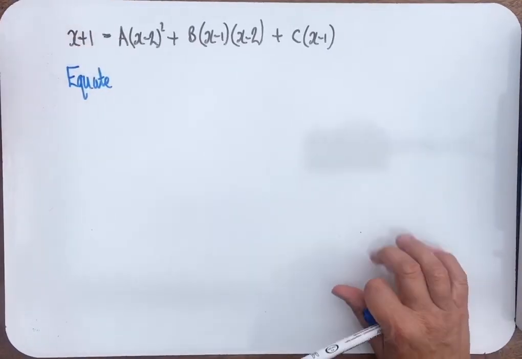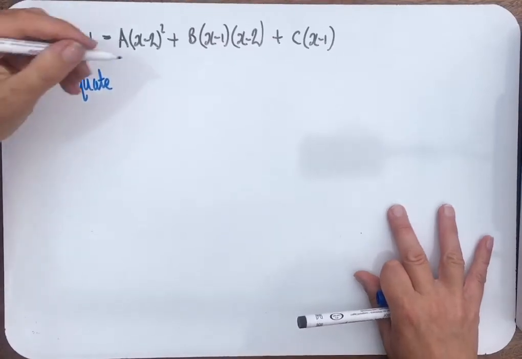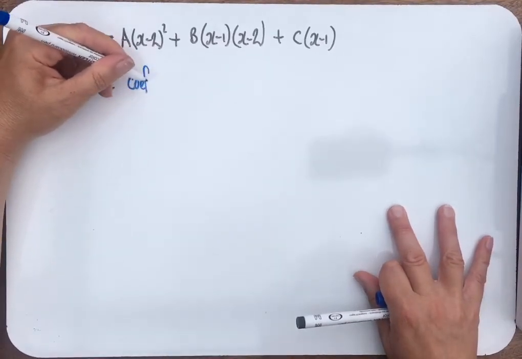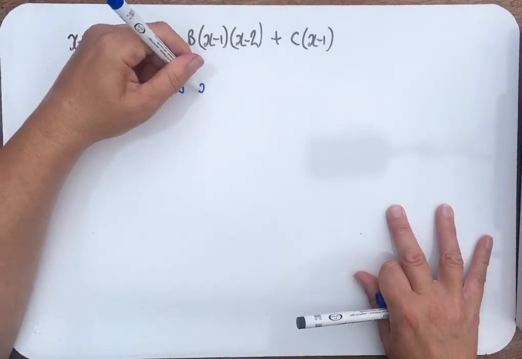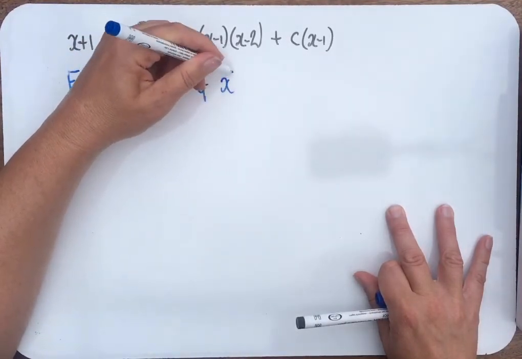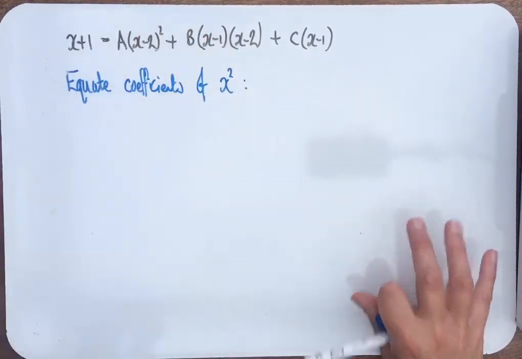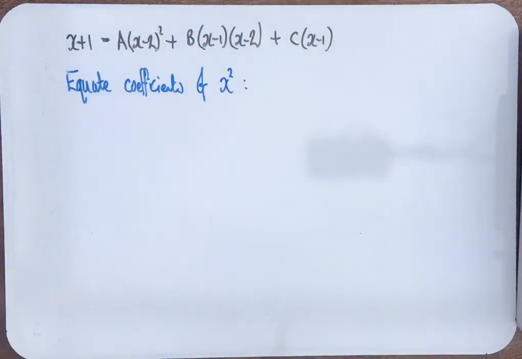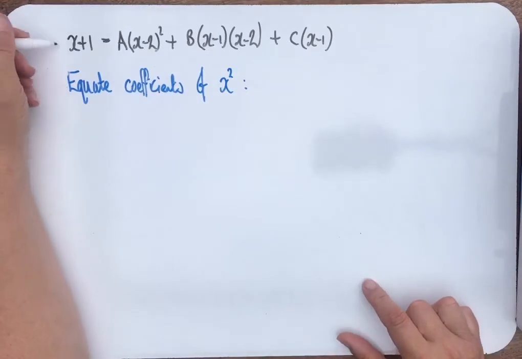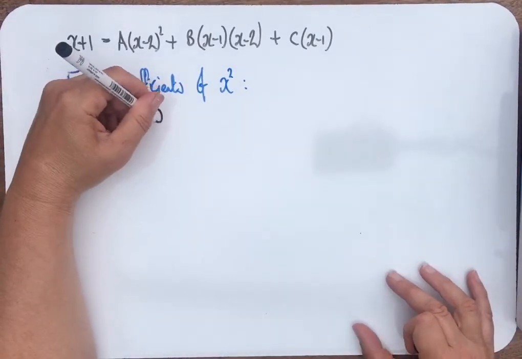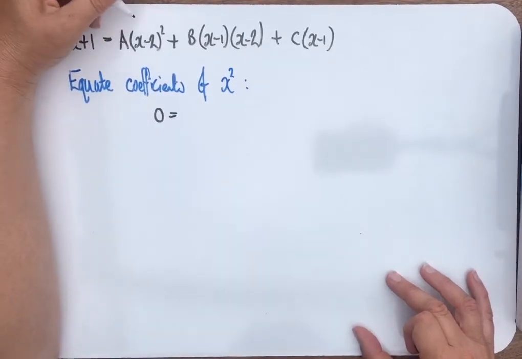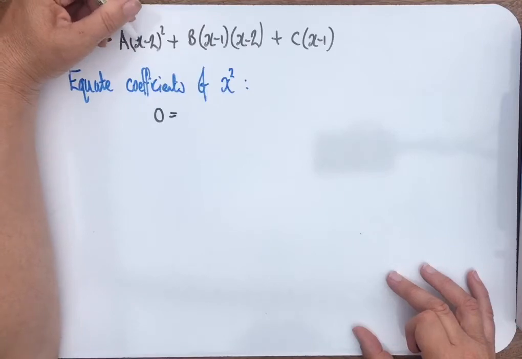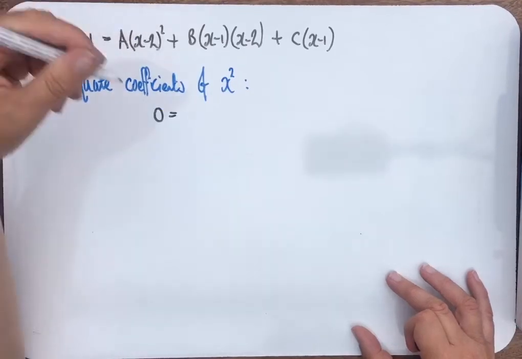The easiest coefficients to equate in this case are your x squared. So it's the number you're timesing x squared by. On the left hand side I don't have any x squareds, so that's 0. And then here, if you think about expanding this bracket, you get x squared minus 4x plus 4. So when you times by a, you'll have a times x squared.